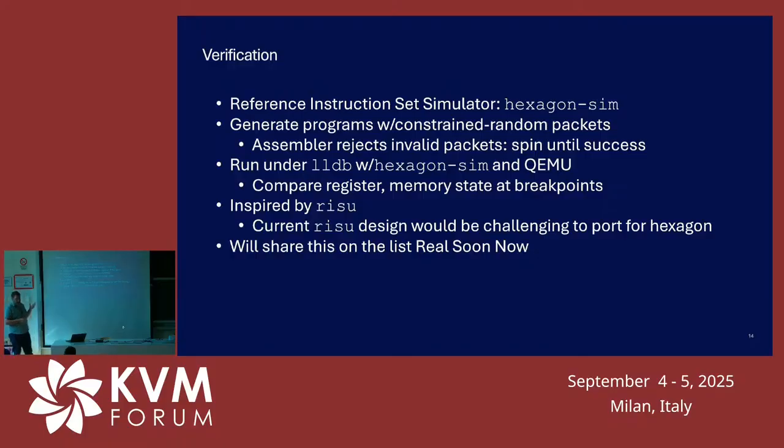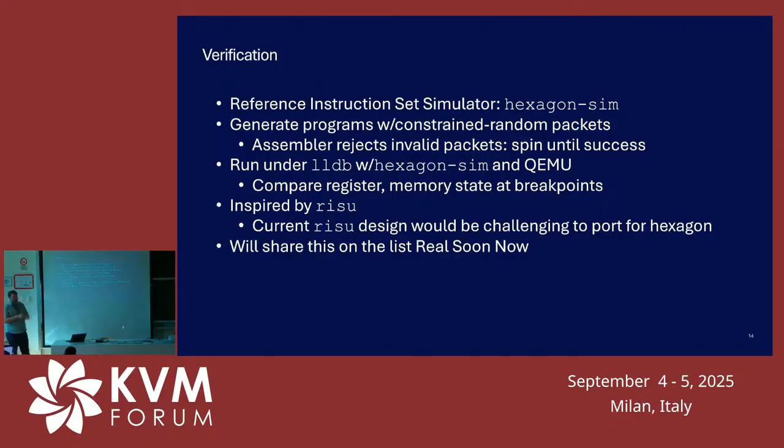So the way that the RISU project works, my understanding is that opcodes are templates that get filled with randomized values to exercise the behavior, and between QEMU and a reference platform, it's verified at various stages.